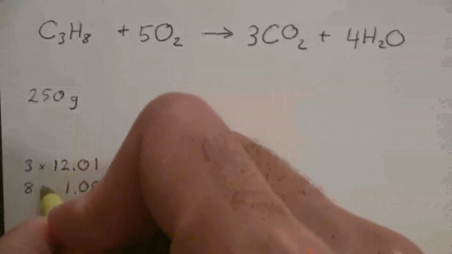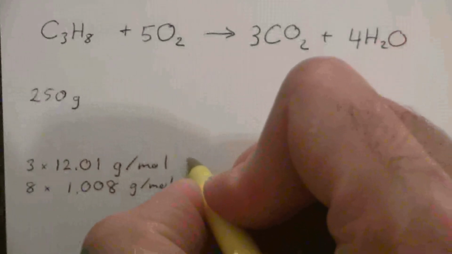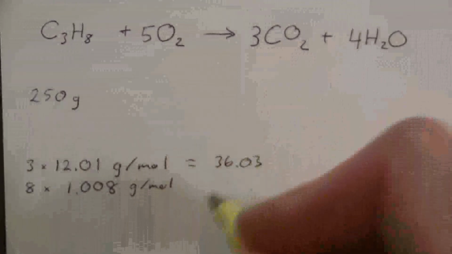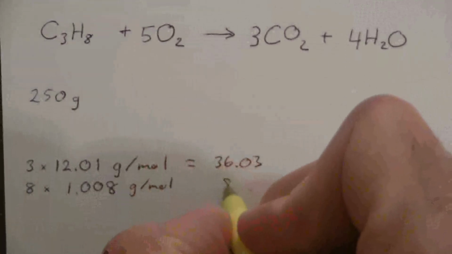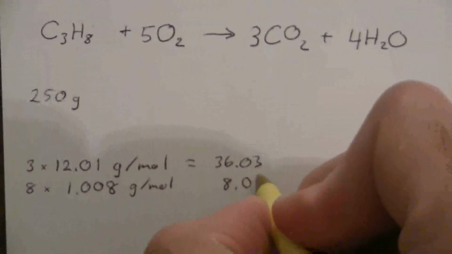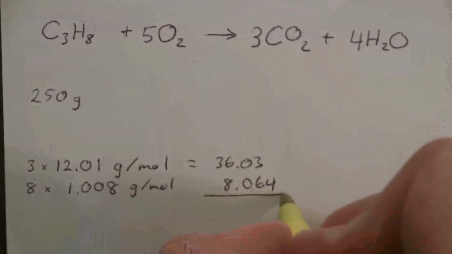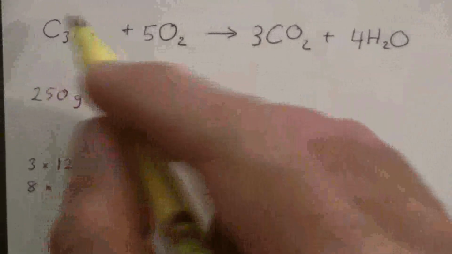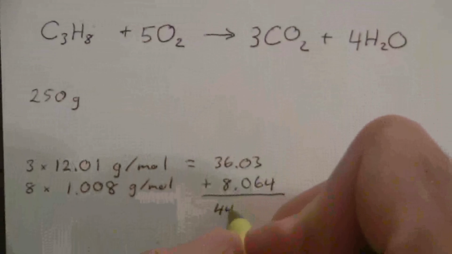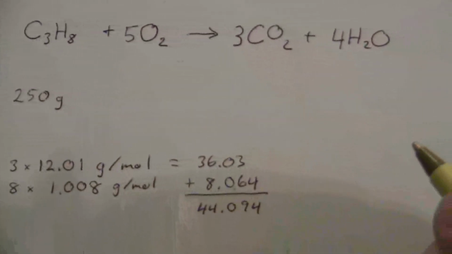So we'll multiply those, and what we'll end up with here is 36.03 grams per mole, and then 8 times 1.008 would be 8.064. Okay, we can add these together then to get the total molar mass for this compound, and what we'll have is 44.094.